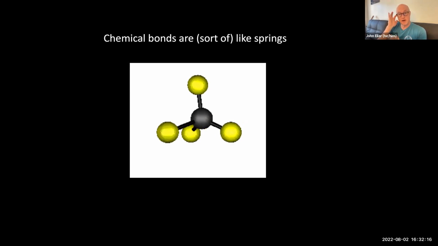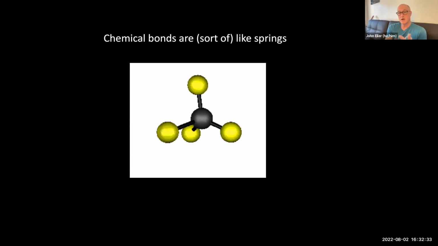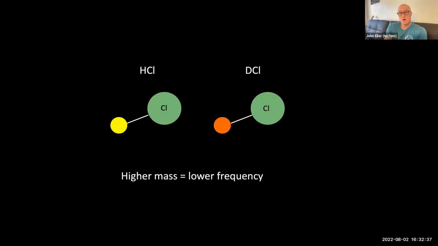A beginning of an understanding of them is to recognize that chemical bonds behave sort of like springs. You can think of molecules or minerals as being point masses of atoms that are joined to each other through springs. And the springs are the electrons that are forming chemical bonds. So here's an example of a really simple molecule, hydrogen chloride. In one version, the H is a normal hydrogen atom.